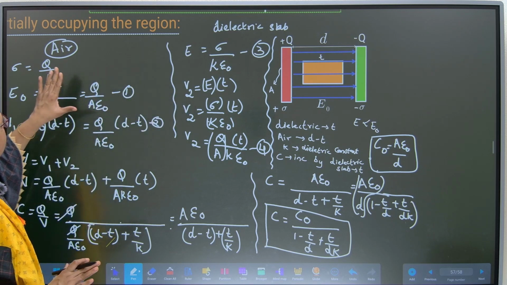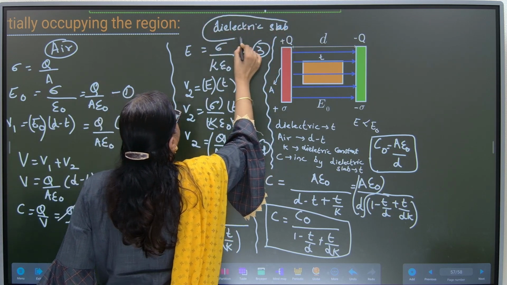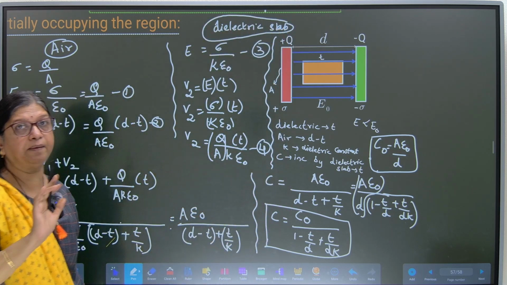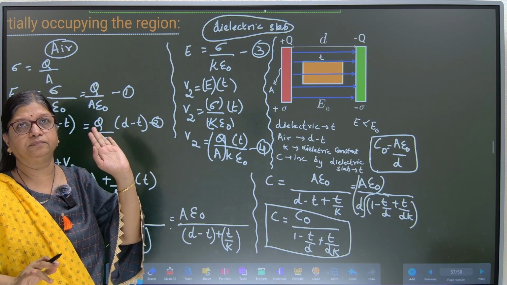By just looking at these two parts, one part is of the air after keeping the slab and another part is of only the slab.